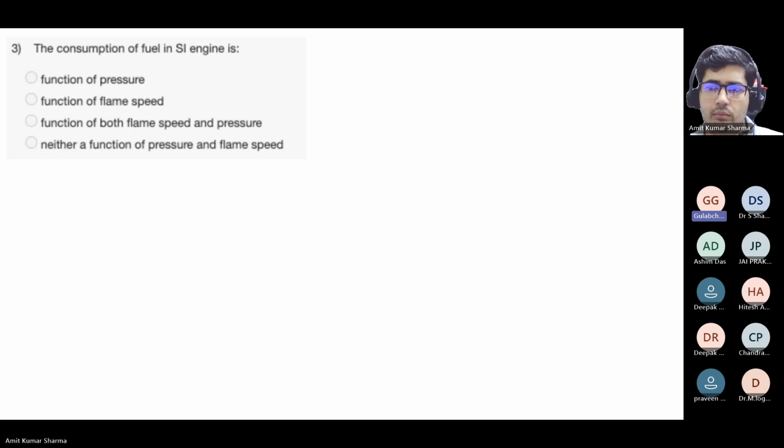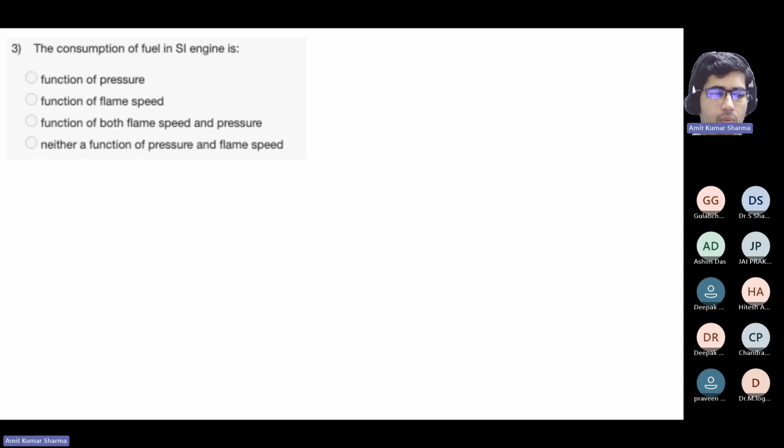Function of pressure is confirmed, but there is confusion between A and C. It depends upon the load, so maybe B, function of flame speed, or neither one, because engine consumption depends on the engine load. No, consumption of fuel in SI engine.